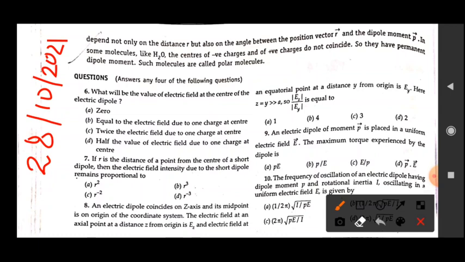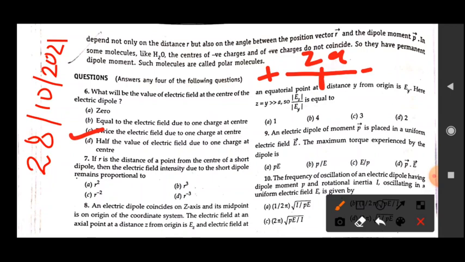This is a very simple question that you can conclude easily by the theory of the dipole, as a dipole is formed whenever we have two equal charges of opposite nature separated by some distance 2a. Now you can calculate the value of electric field at its center.